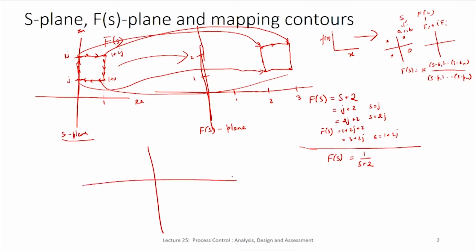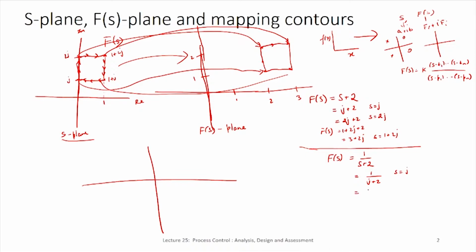So, f of s is 1 by j plus 2 when s equals j. Now, from simple complex variables, what you can do is multiply this by 2 minus j in the numerator and denominator.